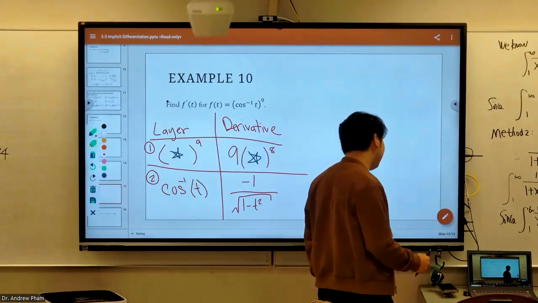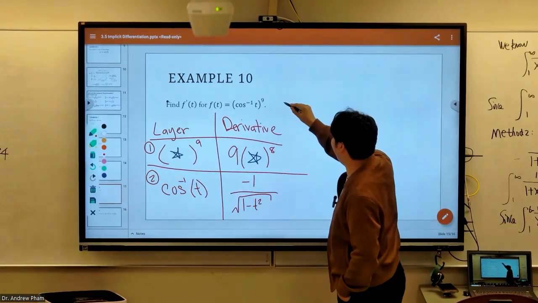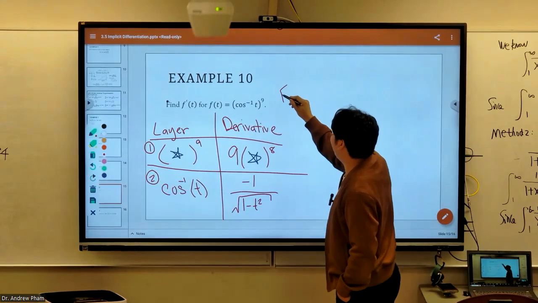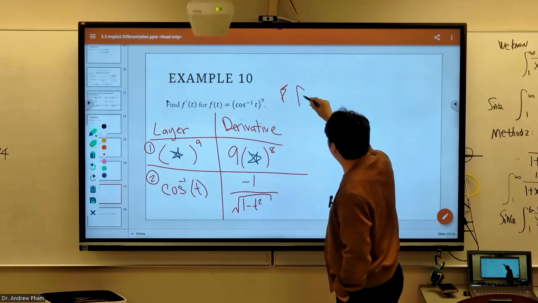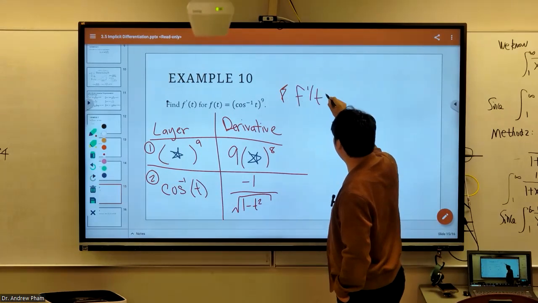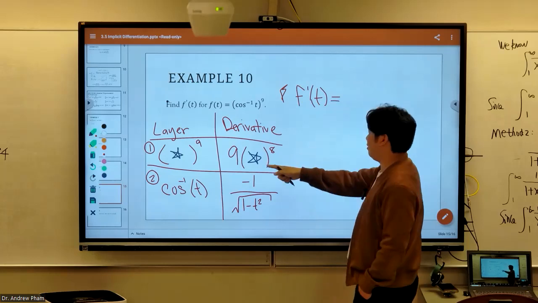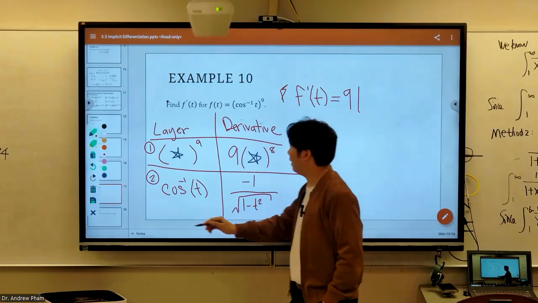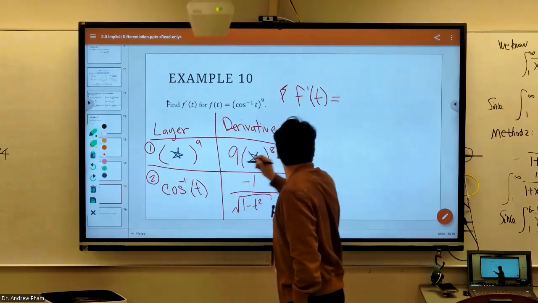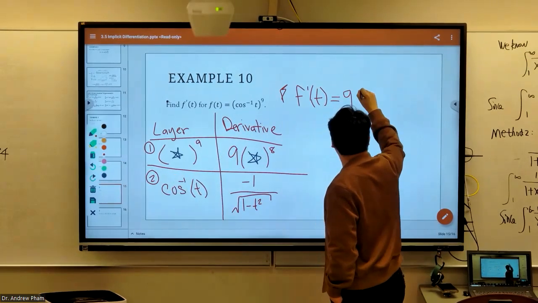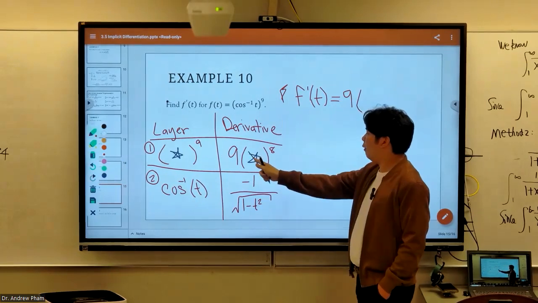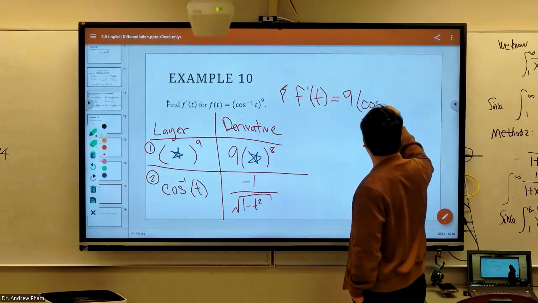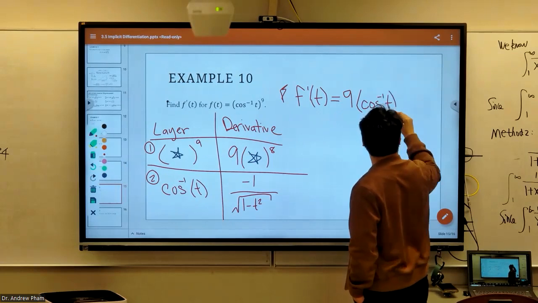And now we can finally get the derivative just by multiplying the derivative layers. We have f prime of t is equal to the first layer, 9 times whatever was inside, whatever the star was, so cosine inverse of t to the 8th power.